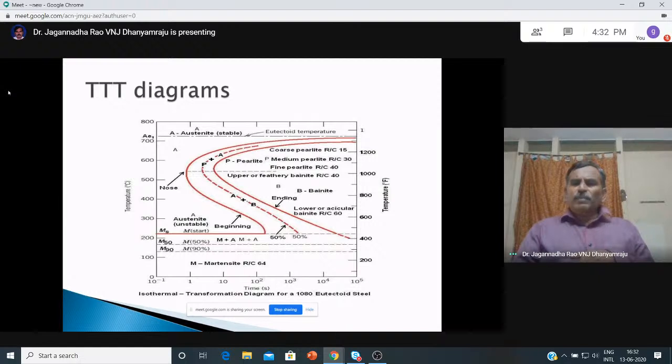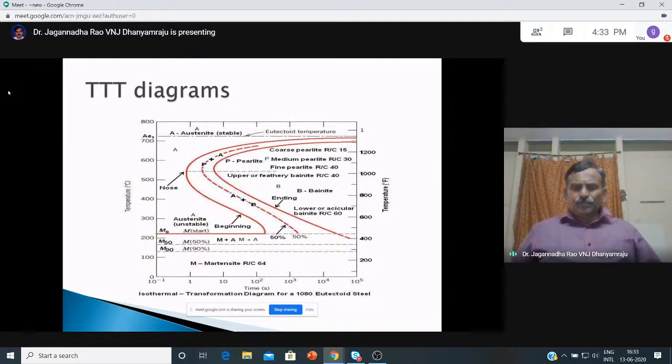That means pearlite is soft, bainite is hard. You know, pearlite is an aggregate of ferrite and cementite, and similarly, bainite is also an aggregate of ferrite and cementite. But bainite resembles martensite, right?